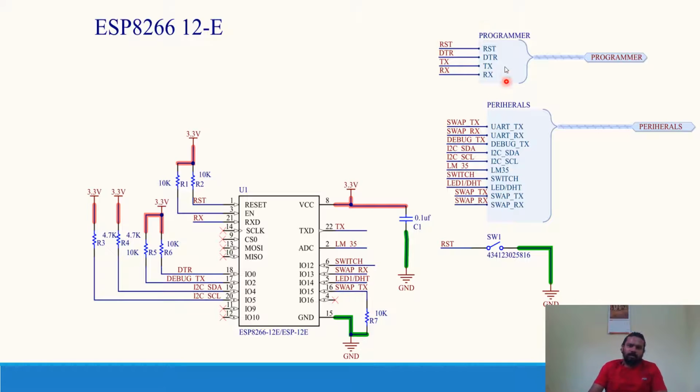And these are the pins used for programming, that is reset, DTR, TX, and RX for the programmer which is connected, and the rest of the pins which you can see here, that is UART, RX, TX, debug TX, I2C pins, LM35, a switch, DHT11 pin connections, and we have a few swap RX TX pins here, which is basically for all our communications. And we have one reset switch as well.